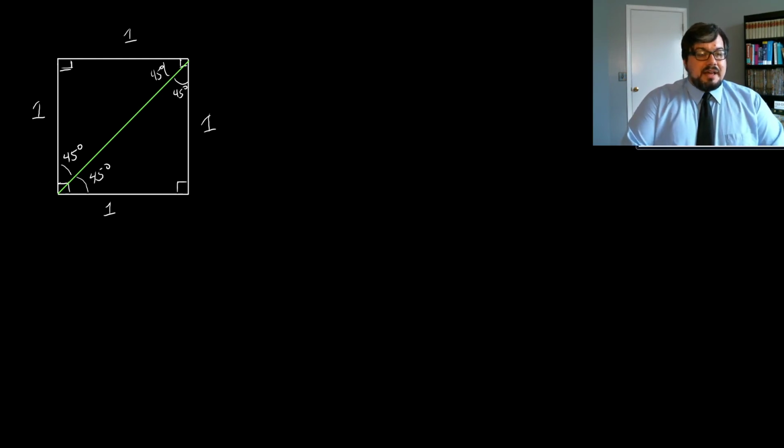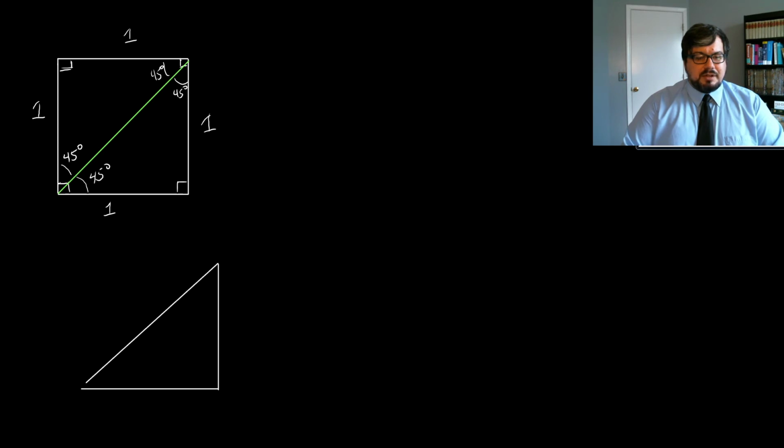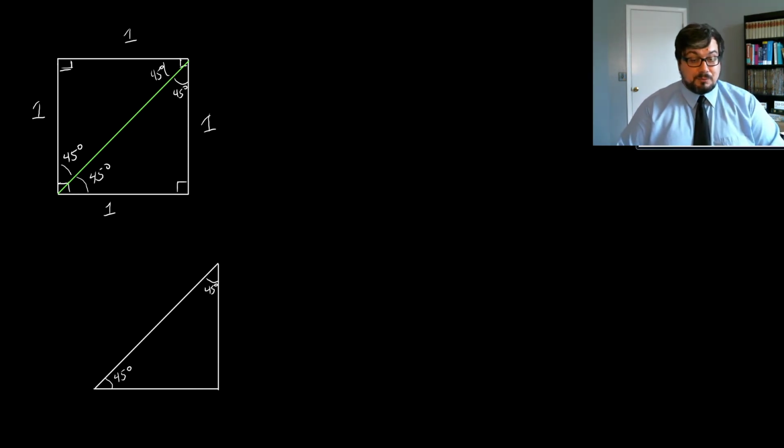So that means that we can get a triangle. Again, I'll bring it down here and copy just the triangle down. With angles 45 degrees and 45 degrees, side lengths 1 and 1.